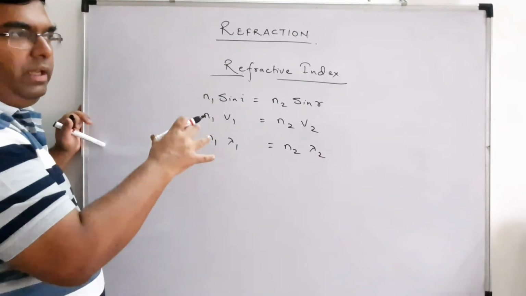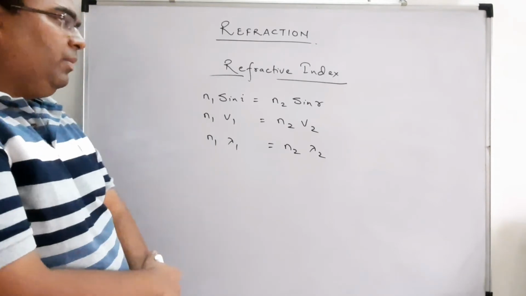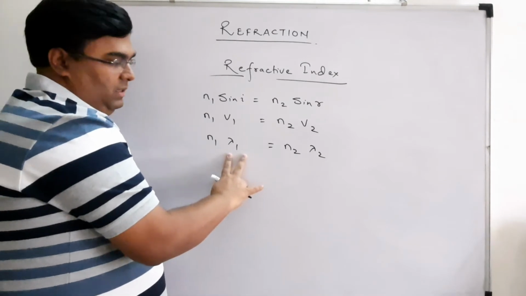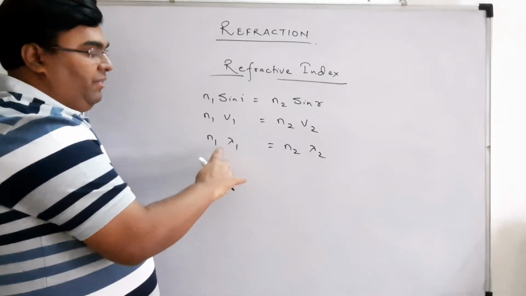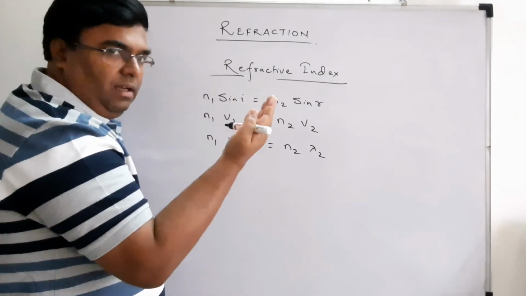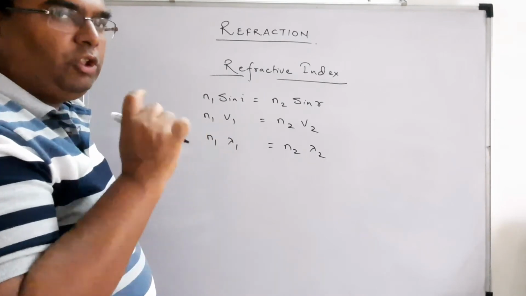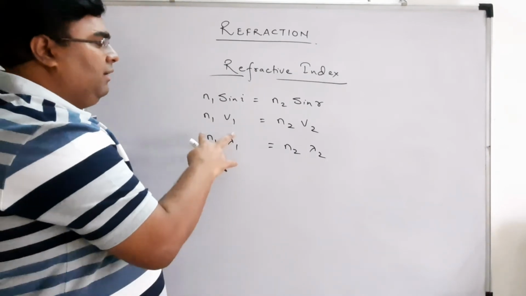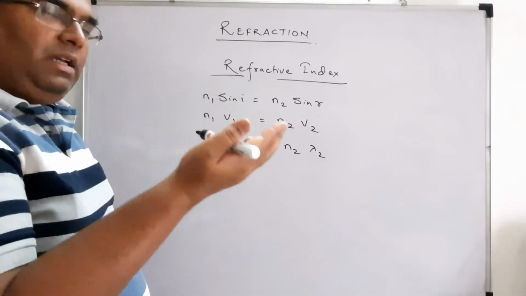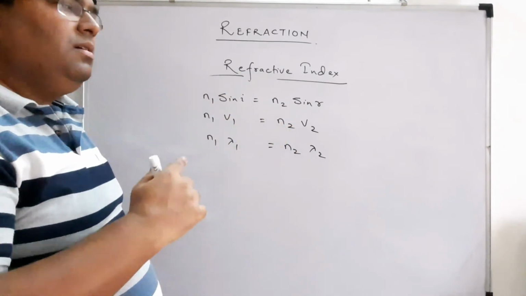So we have three relationships with respect to refractive index. From here we can conclude that if the wavelength is high, the refractive index is low, because the product of both things should be a constant. Similarly, if the speed is more, the refractive index is less. If the speed is less, the refractive index is more.